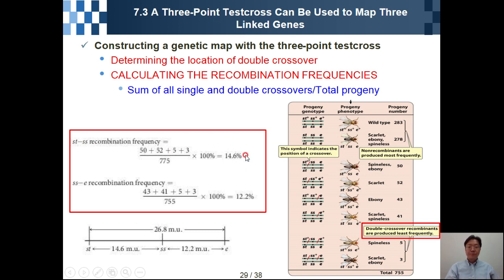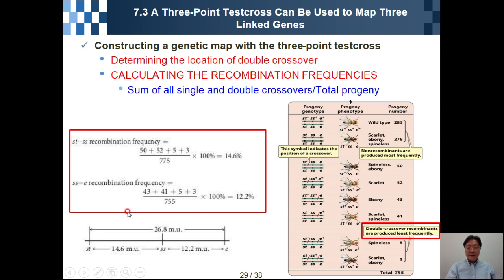So the recombination frequency between ST and SS will be 14.6. How about the recombination frequency between SS and E? The total number is 755. Between SS and E, this number is 43, this one is 41, and also the double crossover, the 5 and 3, so the frequency will be 12.2%.